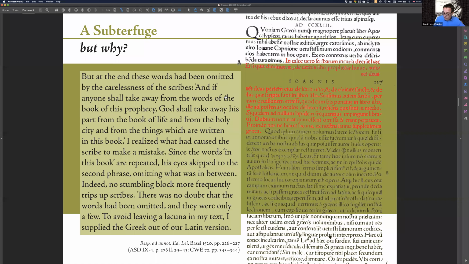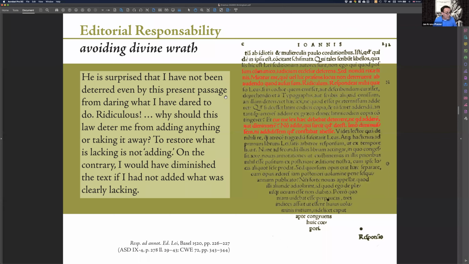In his reaction, and that's why I think he singled out this verse, Erasmus inverts the charge. If he had left out the verse, then he could have been accused of tampering, but he rather restored it, if only temporarily. "Lee is surprised that I have not been deterred even by this present passage from daring what I've dared to do. Ridiculous.